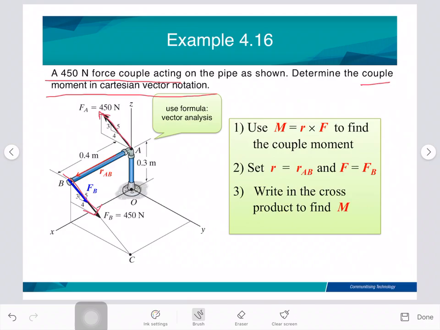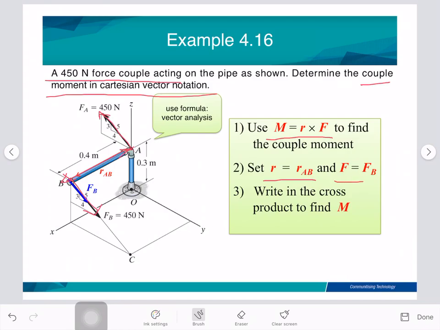So for this case it is 3D, so moment is equal to R cross F. What is the R here? R is given from A to B, so we have R AB. And then which F do we want to choose?